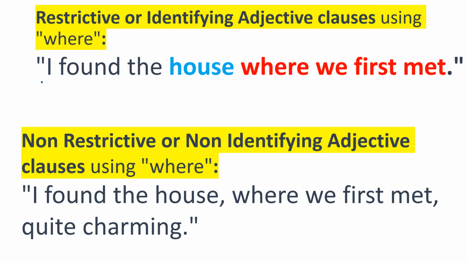I found the house quite charming is the main sentence, and where we first met is a non-restrictive clause. In this case, the adjective clause provides extra information about the house but isn't necessary to identify the specific house being referred to. It's extra detail that adds context or description to the main sentence without altering its essential meaning.